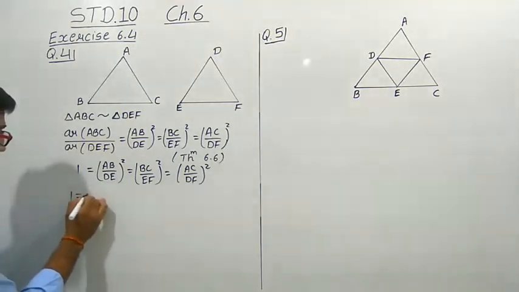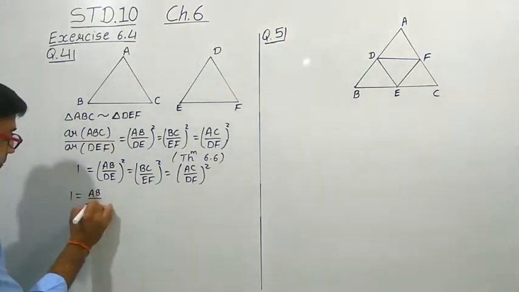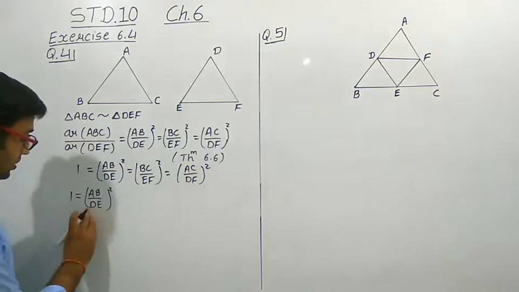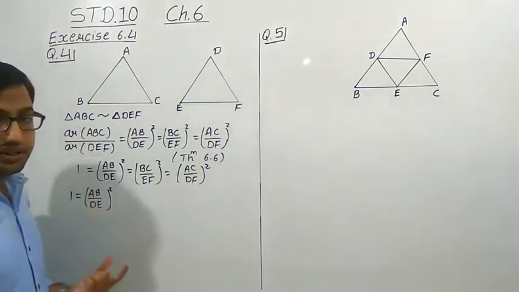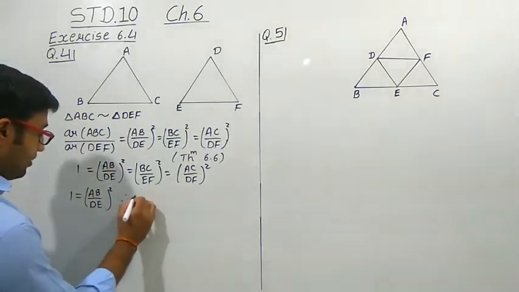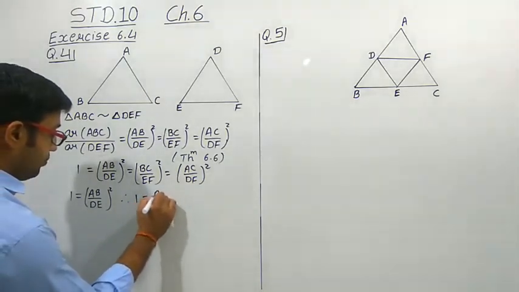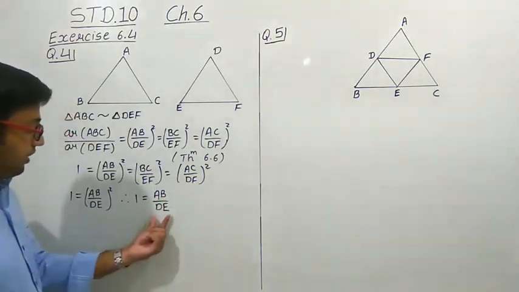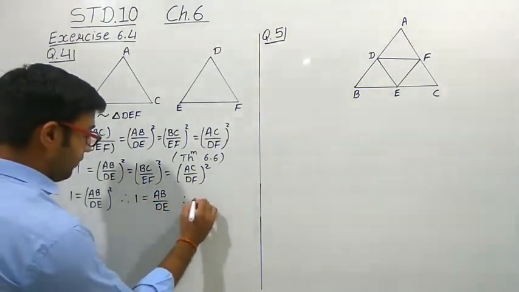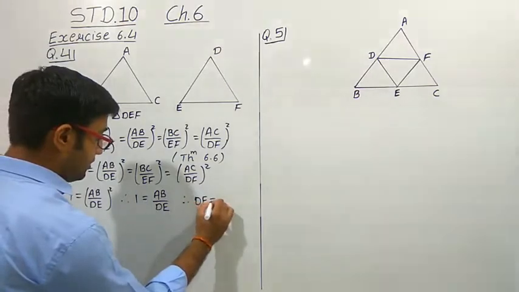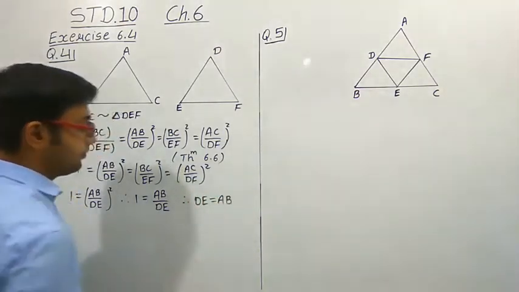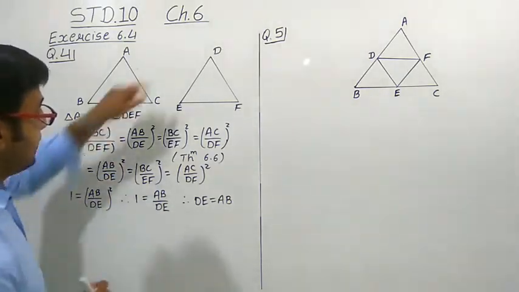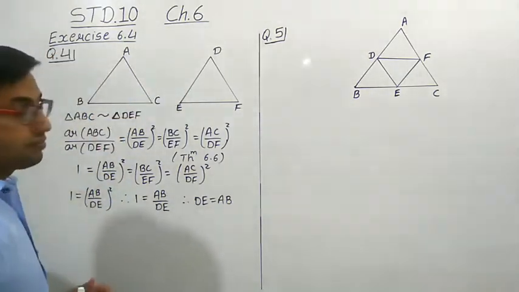When we compare this ratio with 1, we get 1 equals AB upon DE whole square. Now when we take the square root on both sides, we get 1 equals AB upon DE. And when we take DE to the left hand side, we get DE equals AB. So in these two triangles, one of the sides, DE, is equal to AB.